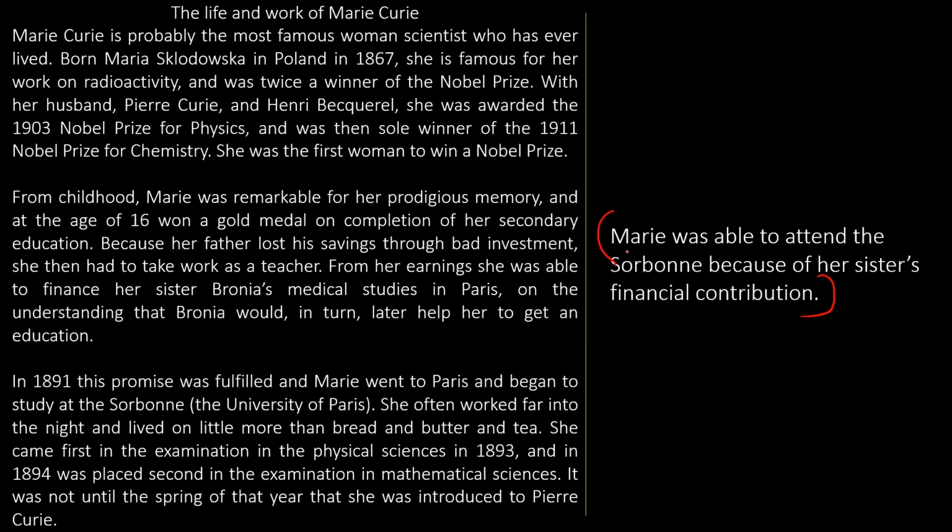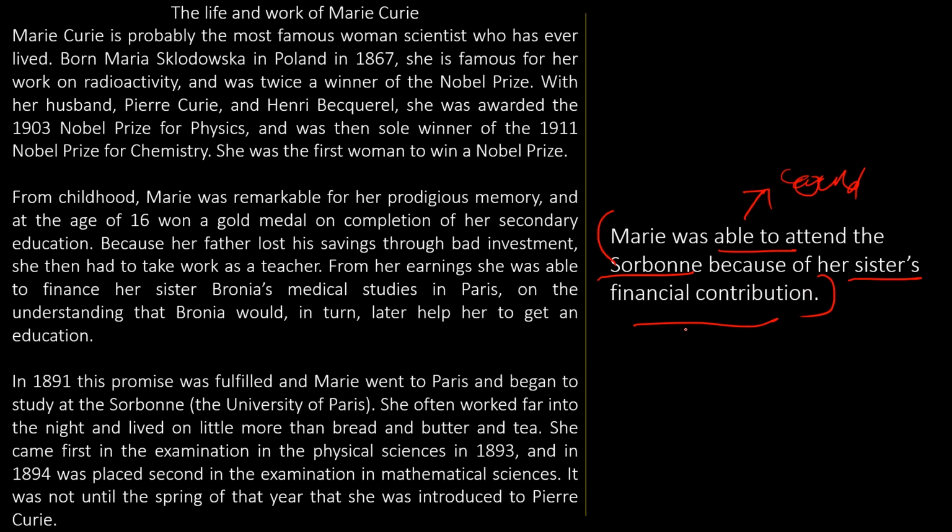Please try to match the information exactly as it is provided, but expect paraphrasing. Right. Able to is equal to can, could here. Was able to, that's why could, past of can. Somewhere they mention. And the reason was her sister's financial contribution.